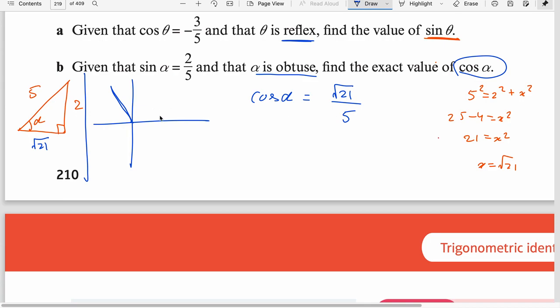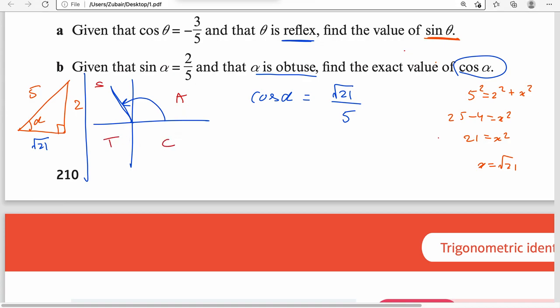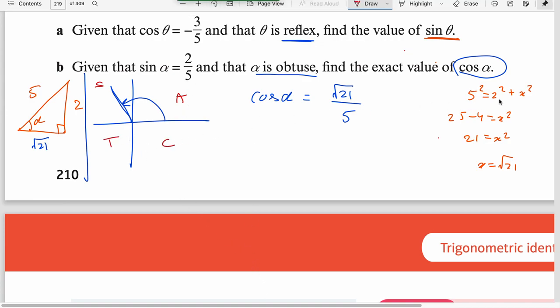But to decide if it is positive or negative, I come back to this diagram and ask: should cos be positive or negative if alpha is obtuse? Negative. So this is the answer to this question.